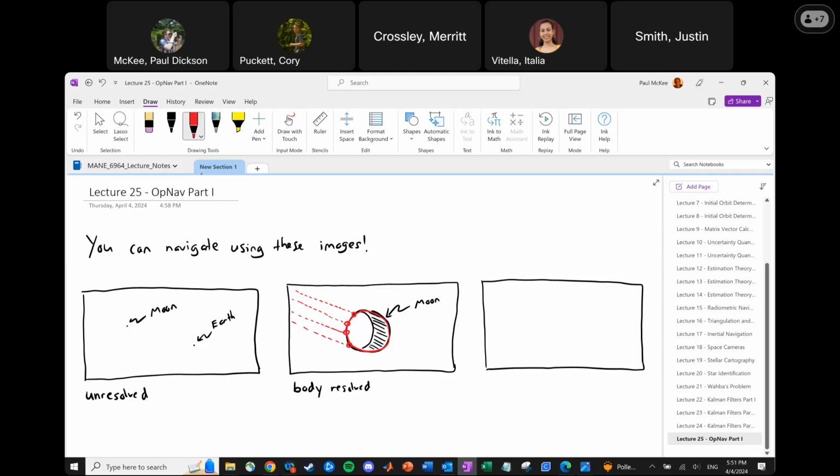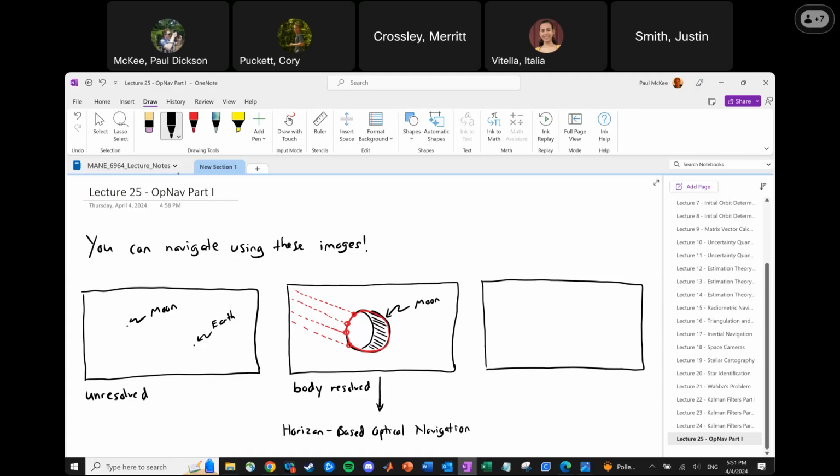And then the centroid of this ellipse would give you information about bearing, the line of sight direction from you to the moon. And if you have range and bearing, you've got your position. And so this method has a name, and it is called horizon-based optical navigation, because you're using the lit horizon.